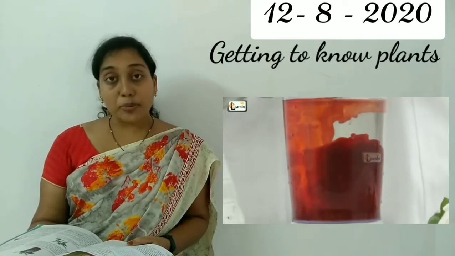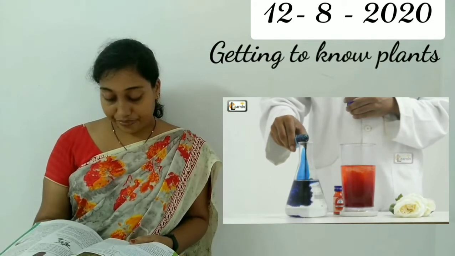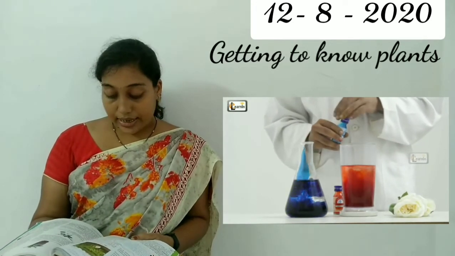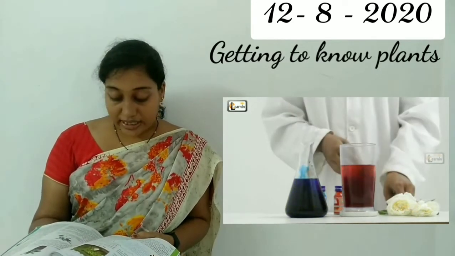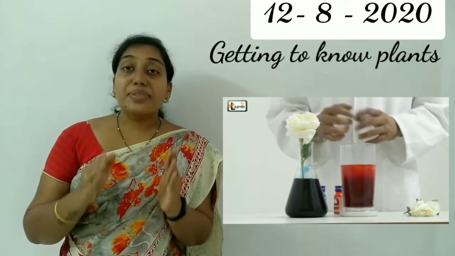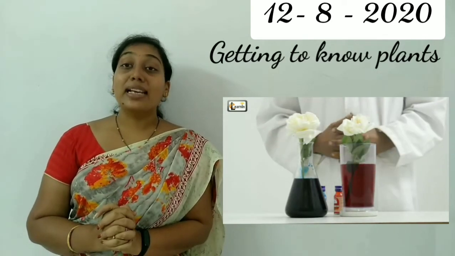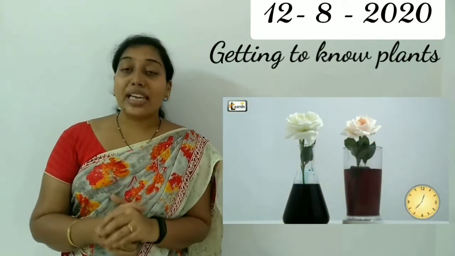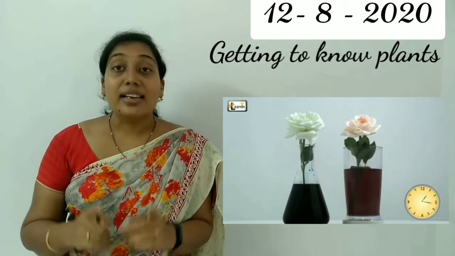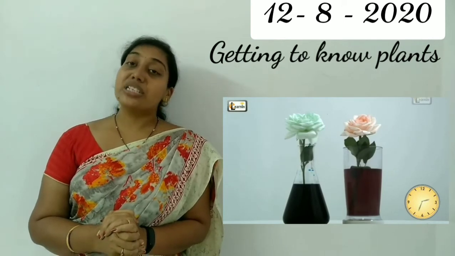Add a few drops of red or blue ink. Next, cut the base of the stem and put it in the glass. We observe that after a while the stem and leaves of the plant start to turn the color of the ink, which is proof that the stem carries the water to the different parts of the plant.